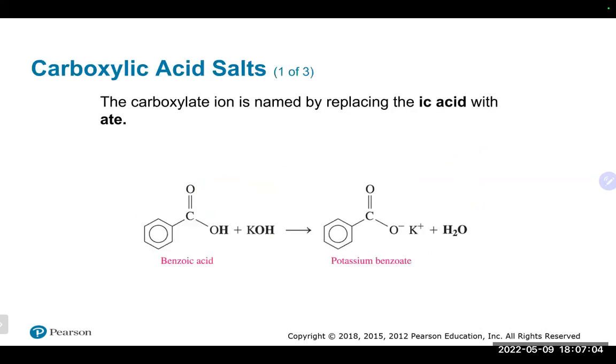We're not going to worry about the carboxylate ion in terms of how to name it, but we just kind of put -ate at the end of it. But here we'll just look at the reaction one more time. So this is our carboxylic acid, which obviously is our acid. This is KOH, which is a strong base. So once again, we're going to take the H from the acid, the OH from the base, and that will again give us our water on that side.